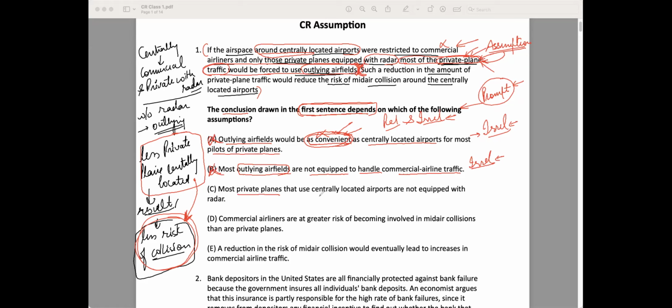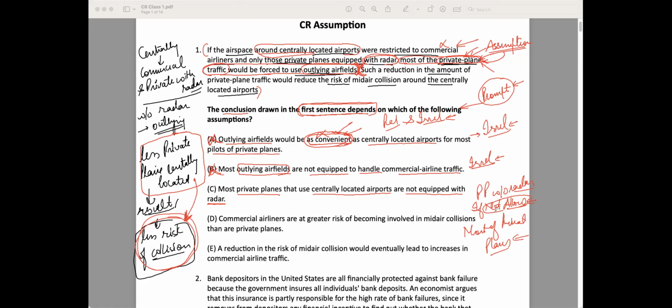Most private planes that use centrally located airports are not equipped with radar. See, when we said that we don't allow private planes without radar, if they are not allowed around the centrally located airfields, most of the private planes will not be allowed to operate out there.